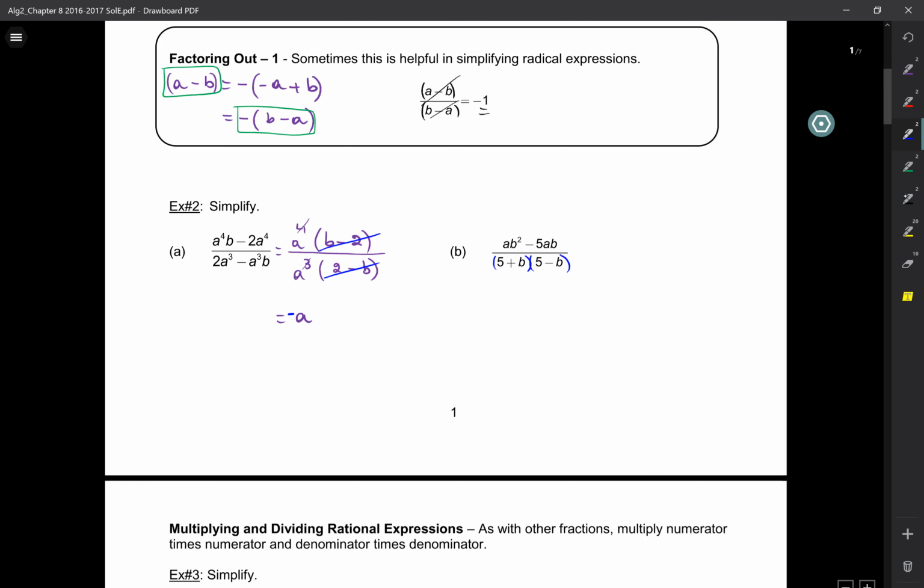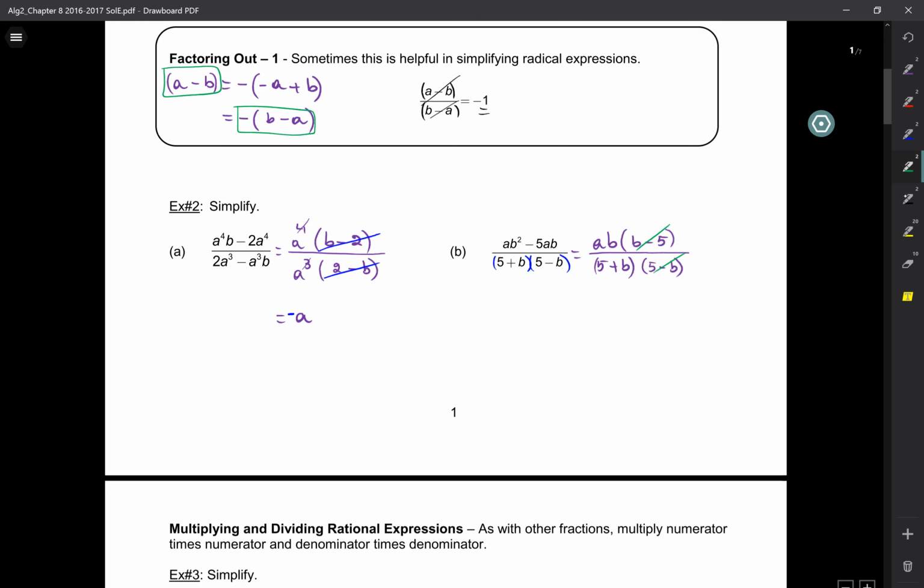All right. What are we going to factor out from the top? An a and a b. And we have b minus 5 left. On the bottom, I have 5 plus b. 5 minus b. What can I cancel? Right?